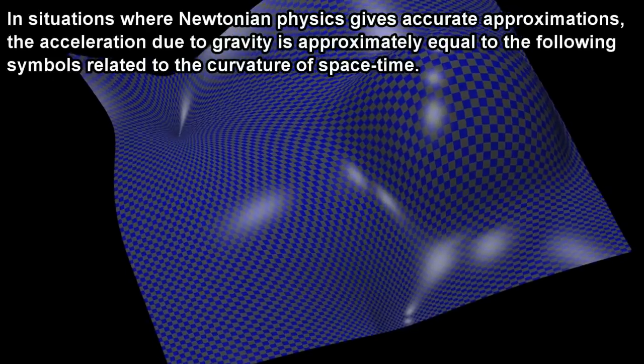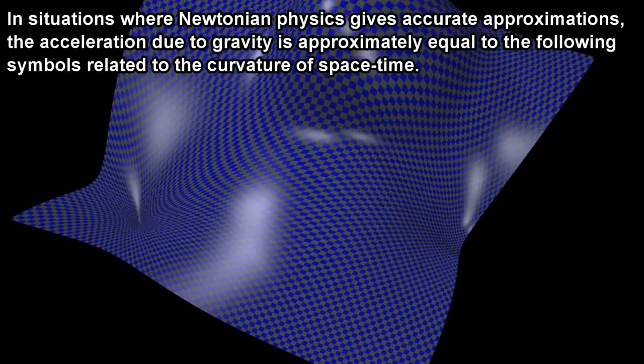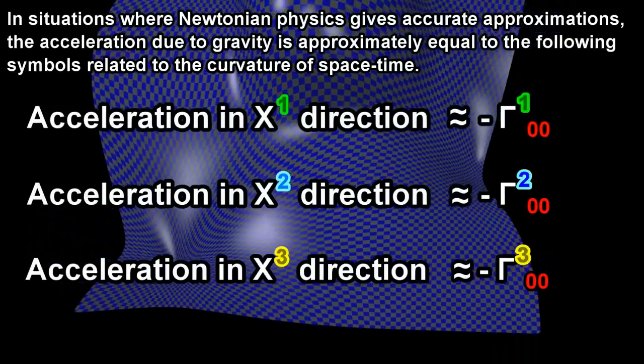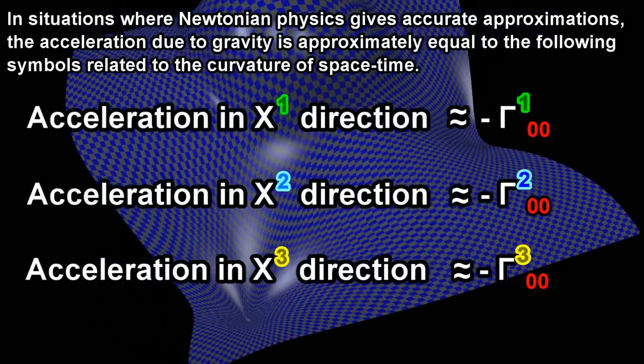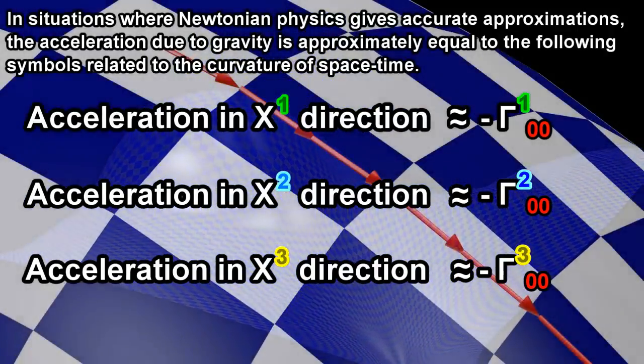In situations where Newtonian physics gives accurate approximations, the acceleration due to gravity is approximately equal to the following symbols related to the curvature of space-time.